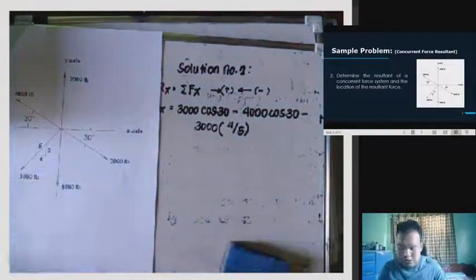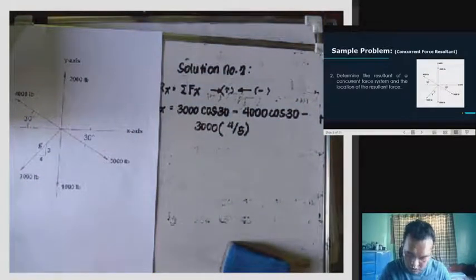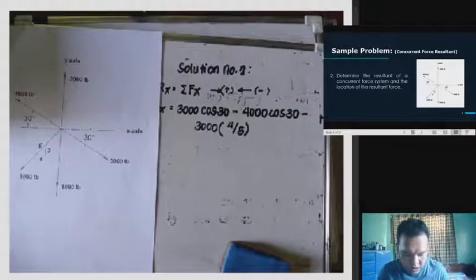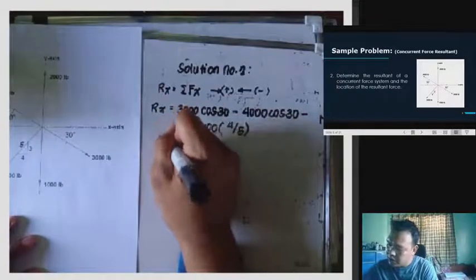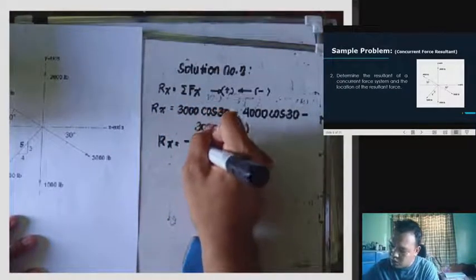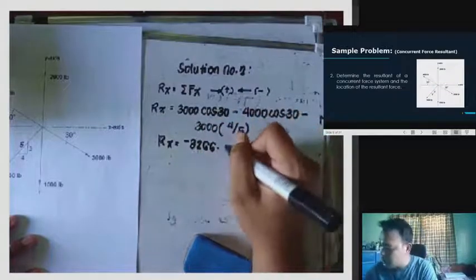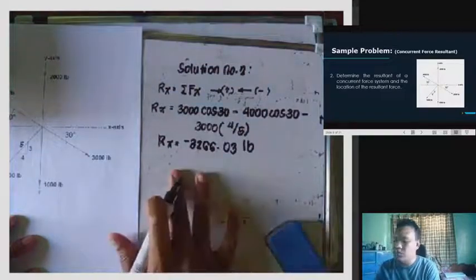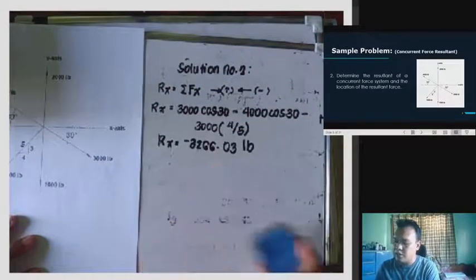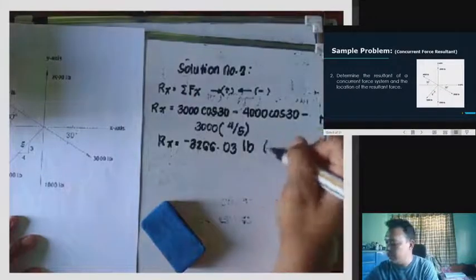So we have here 3,000 cosine 30 minus 4,000 cosine 30 minus 3,000 times 4 over 5. We have here negative 3266. So Rx natin is equivalent kay negative 3266.03 pounds.